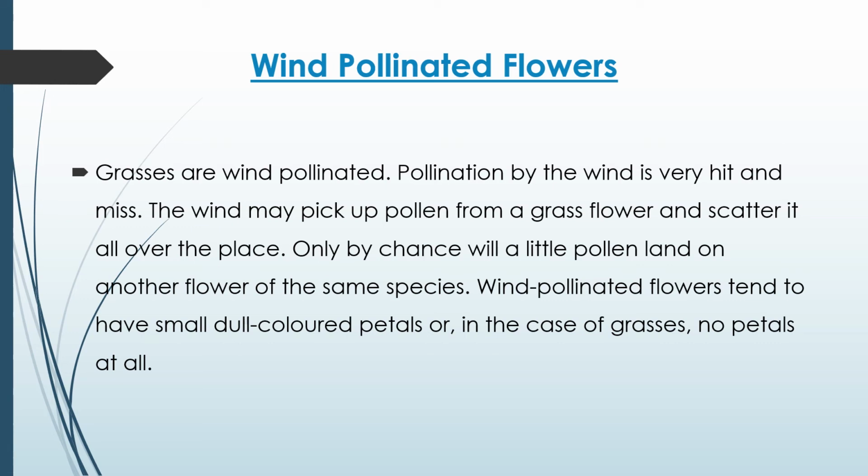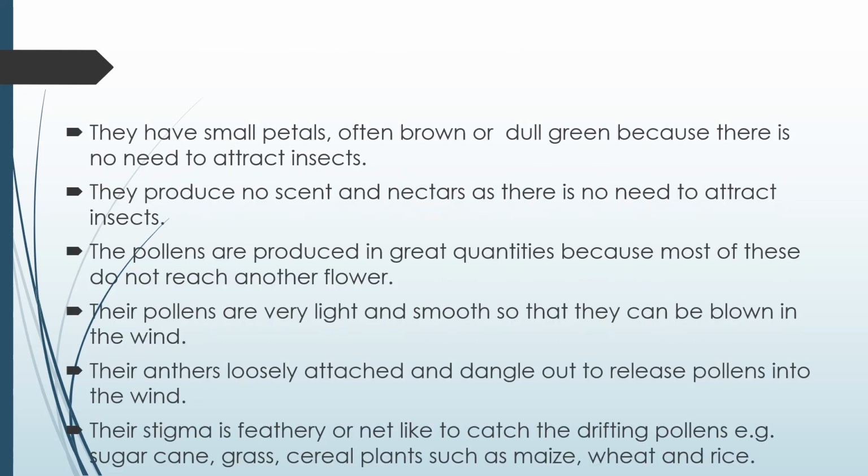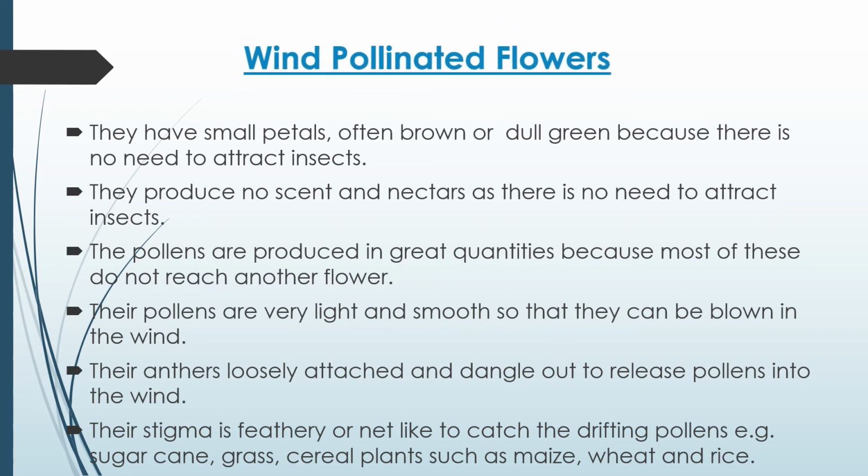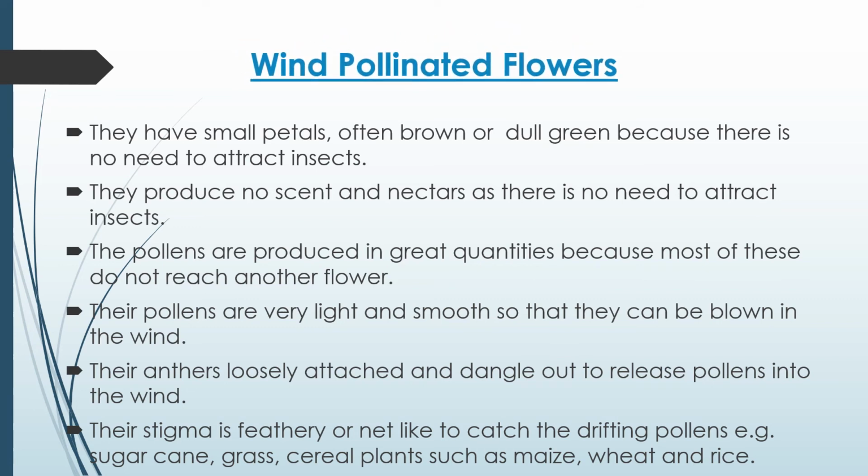And what are the characteristics of wind pollinated plants? We will see now. They have small petals, often brown or dull green, because there is no need to attract insects. They produce no scent and nectar. There is no need to attract insects. The pollen is produced in great quantities because most of it does not reach another flower.